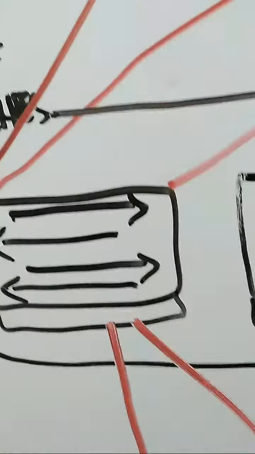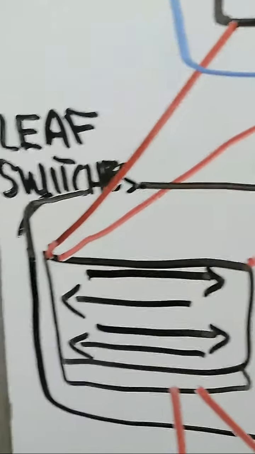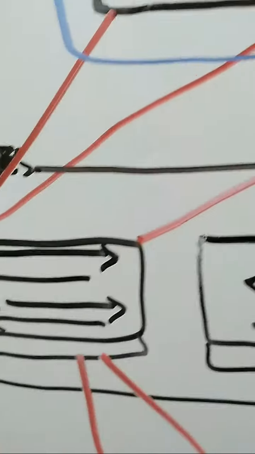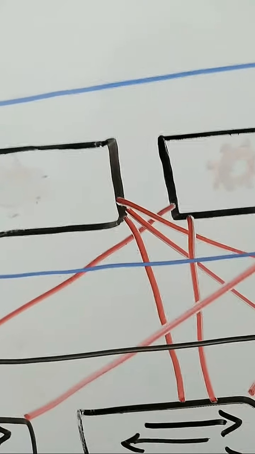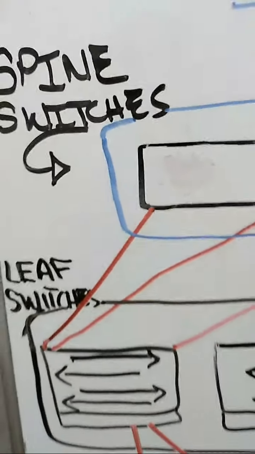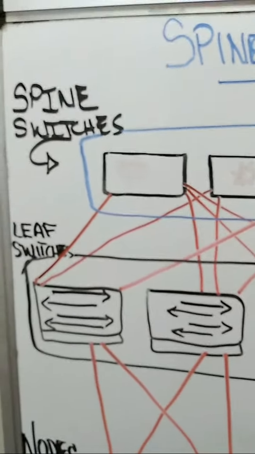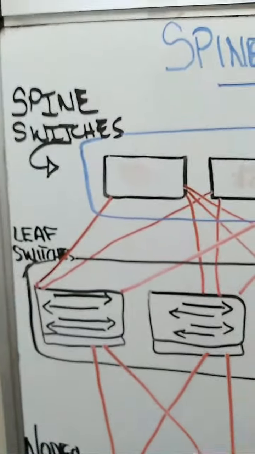As you can see, this leaf goes into that spine switch, and you can connect it to any other spine switches from that one leaf switch. So I'm always going through one spine switch to get to my destination.